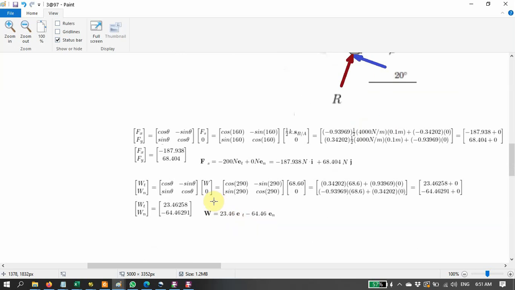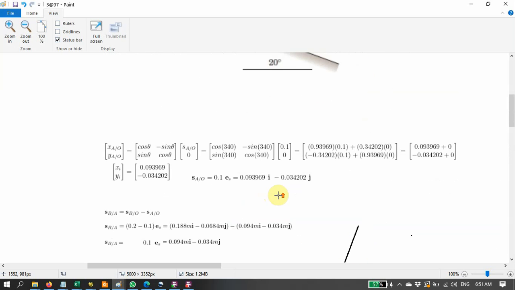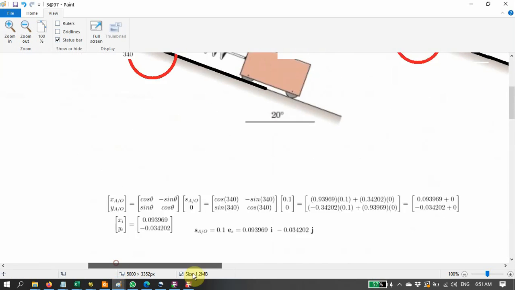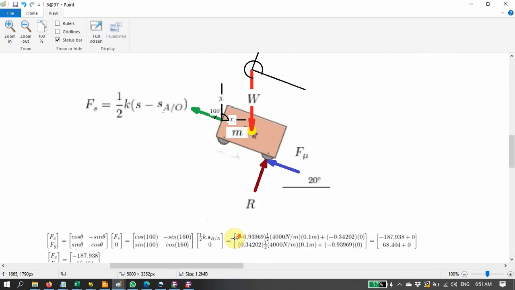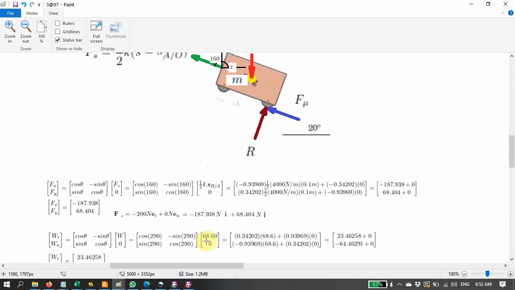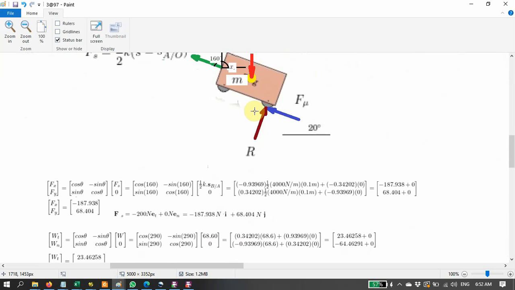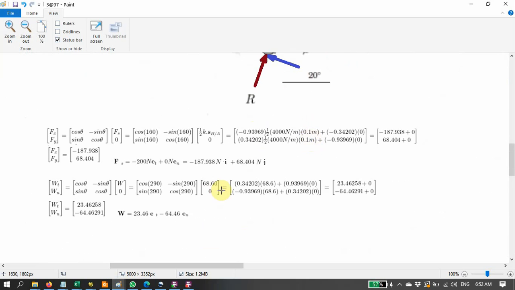For the weight, we have a mass of about, let me see again, 7 kilograms, right? And the gravitational acceleration is 9.8 meters per second squared. The angle made from this t direction with the absolute weight direction is 290, because the chute angle is 20.